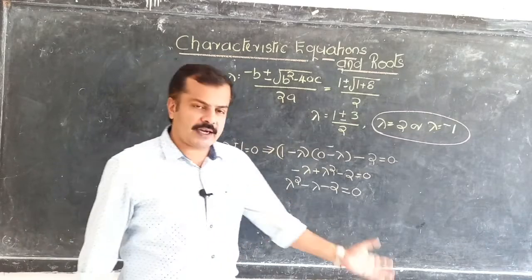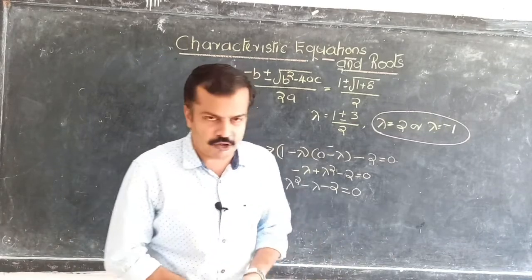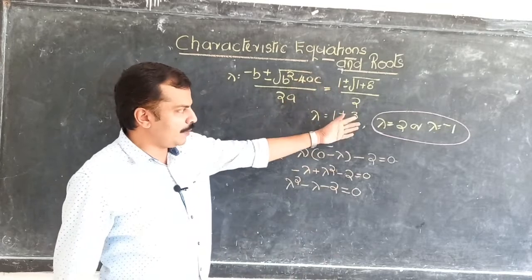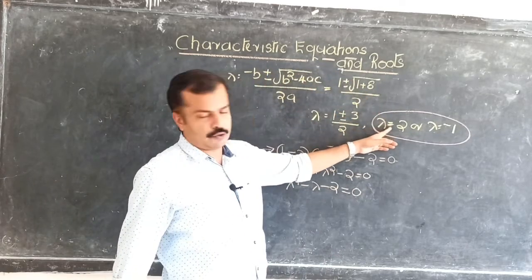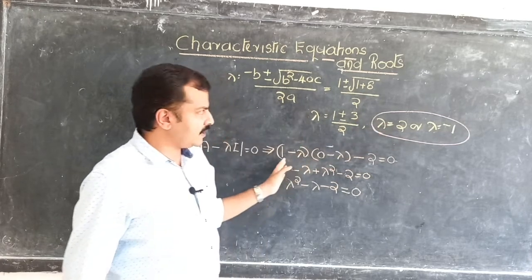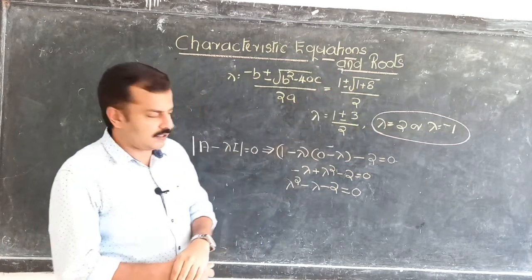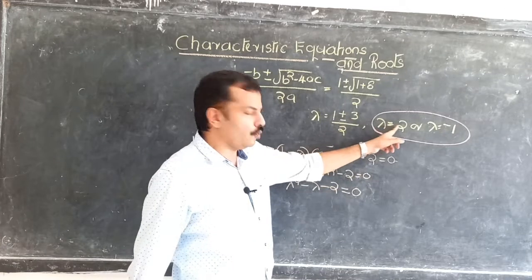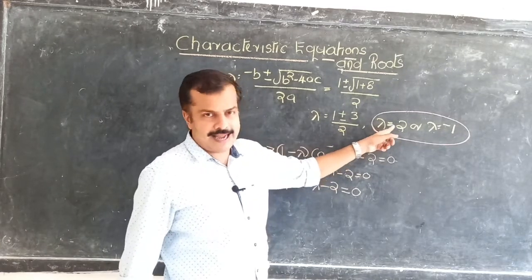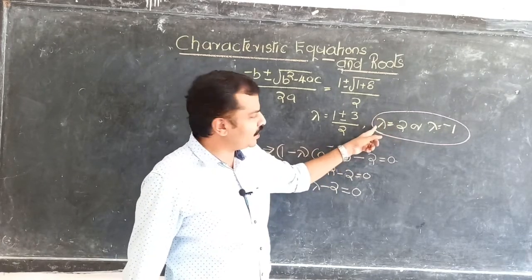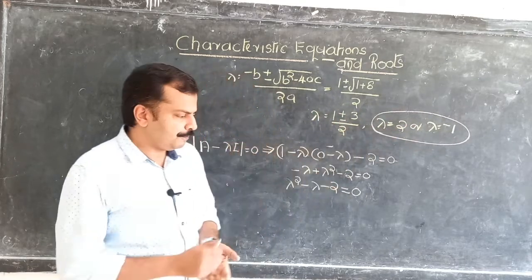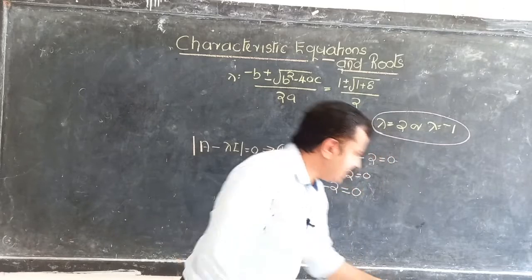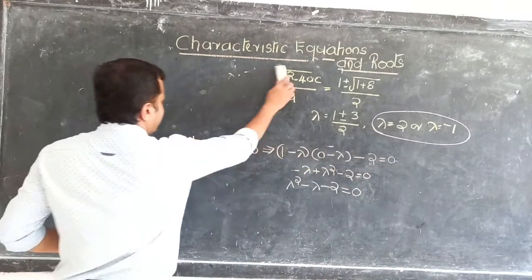For a 3 by 3 matrix, we might be getting a cubic equation. So for a 2 by 2 matrix, we calculated the roots of the characteristic equation, which are known as the characteristic roots. So the eigenvalue, or the latent value, or characteristic root is lambda equals 2 or lambda equals -1.